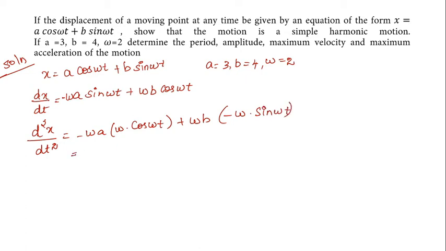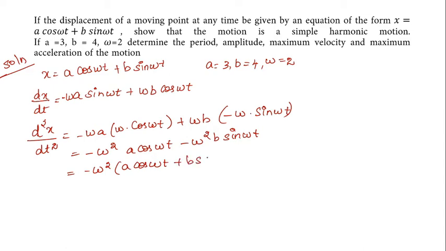So finally we get minus ω² a cos ωt minus ω² b sin ωt. Minus ω² is common, so taking it out, we have a cos ωt plus b sin ωt, which is nothing but our x. It is minus ω² x.